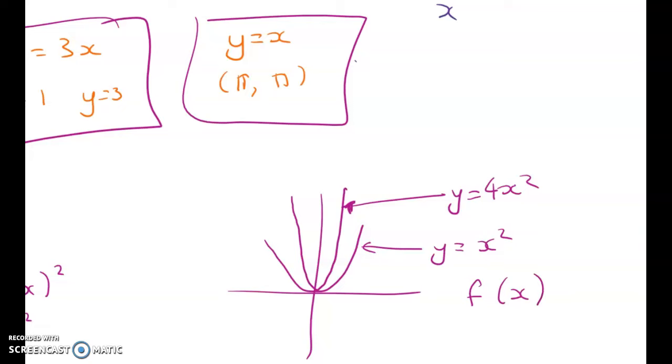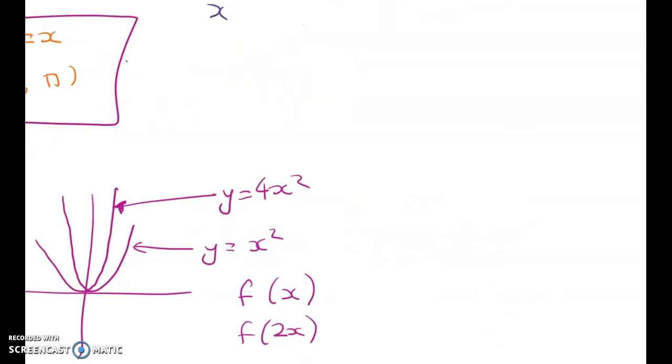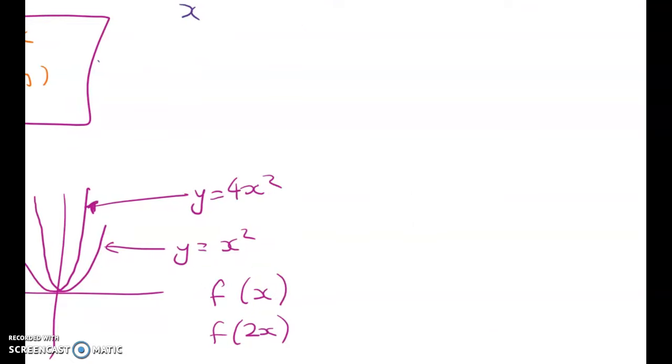So we've got f of x, and then we've got f of 2x. So we can talk about squeezing that, but the easiest terminology to use for the AS exams is to say that this is a stretch, and it's a stretch in the x-axis direction.